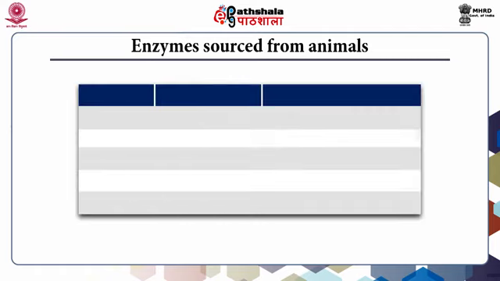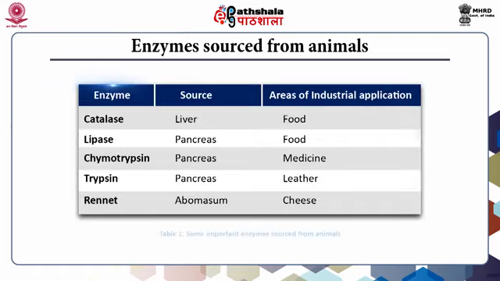The table here enlists some of the commonly used industrial enzymes which are derived from animals and their industrial area of applications. While lipase, trypsin and chymotrypsin are derived from animal pancreas, rennet is another complex of enzyme that is usually produced in the stomach of ruminant mammals and are used in cheese production.